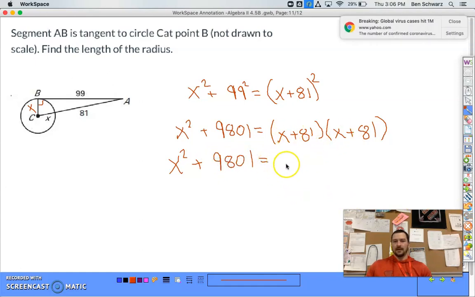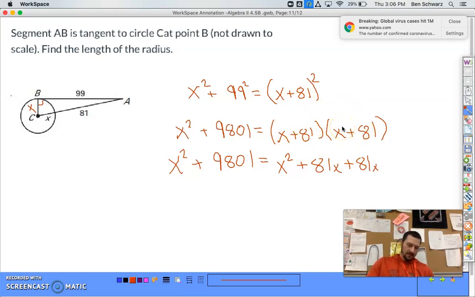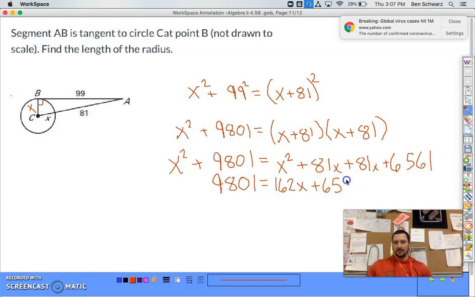So FOIL: x times x is x squared. Outside, 81x. Inside, 81x. And then last times last, so 81 times 81 is 6,561. All right, the x squareds would cancel on both sides if you subtract them. So you get 9801 equals 81 and 81 gives us 162x, plus 6561.